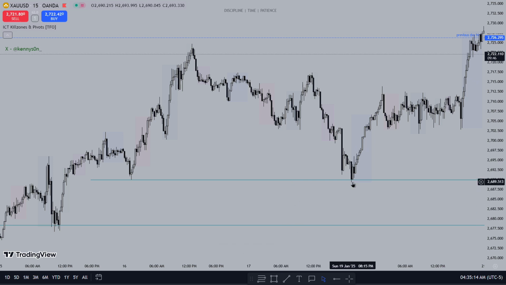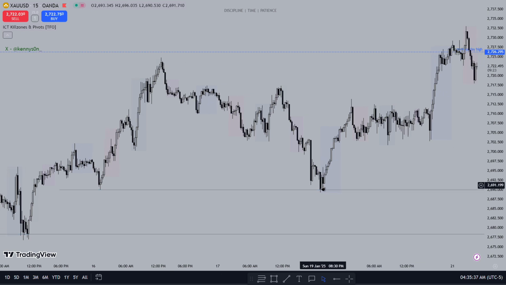We traded to the high of the BC and then shot straight up during the Asia session on Sunday. This is like the Friday Asia session, just that the market closes early before Asia. After we traded here, order block, entry, high, take a partial here.